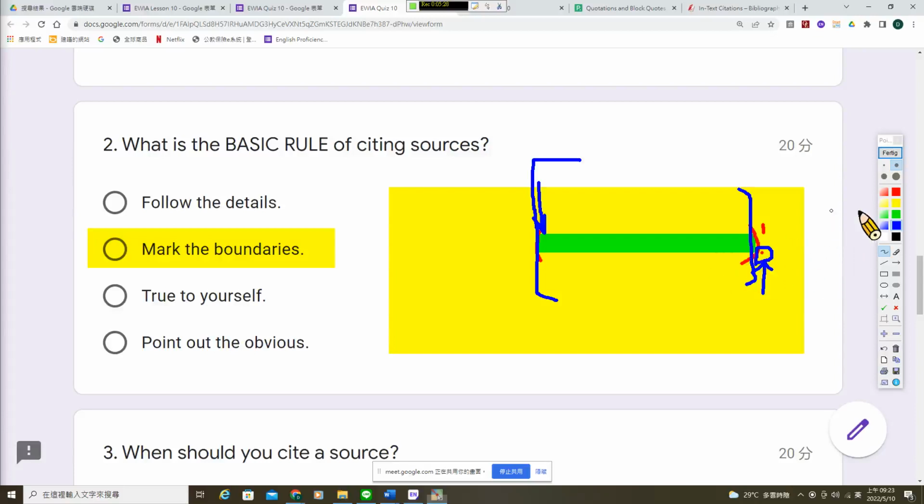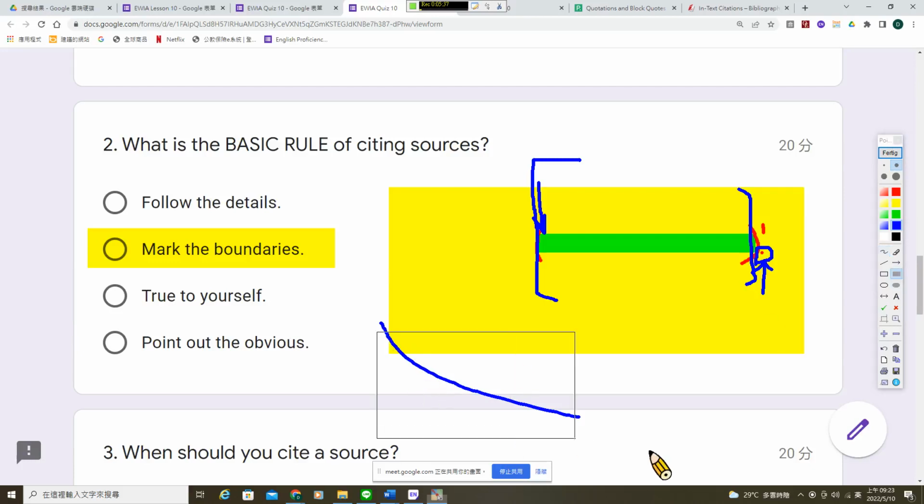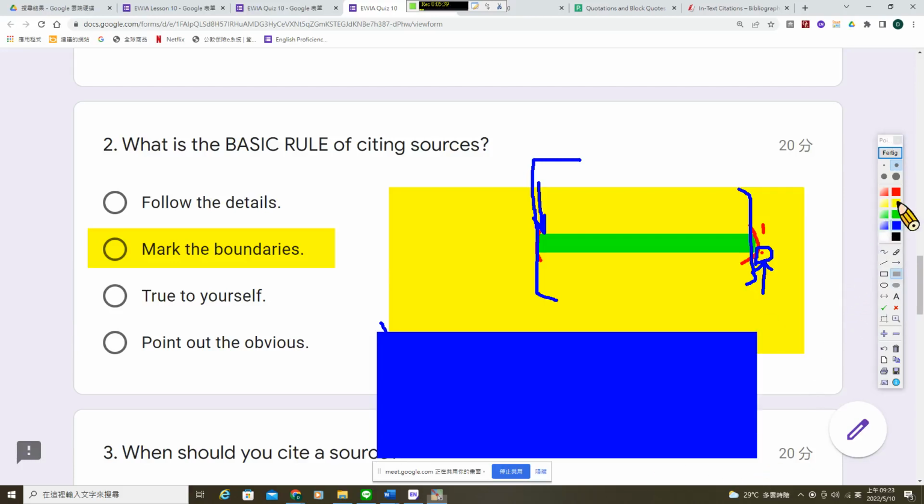Or otherwise, let me have another scenario. So again, we have a piece of article here, and this is our article. And you put a number here. You put a number here. And this is 1. But without marking the boundaries, it will be very confusing.